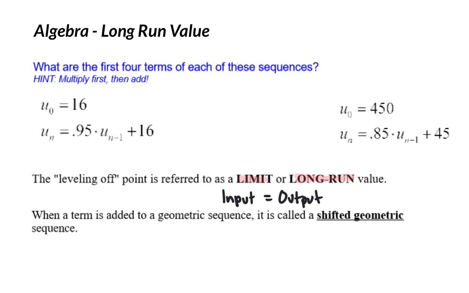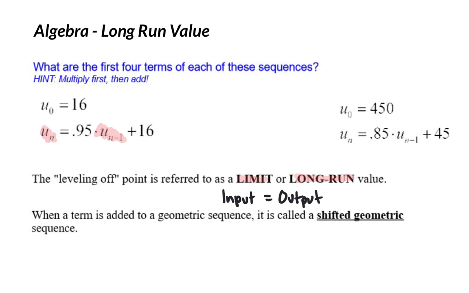Whatever value we put into the equation is what we get out. That is how we know we've reached that long-run value. It's a big idea that's pretty easy to calculate. This is our input. This is our output. They just need to be the same.